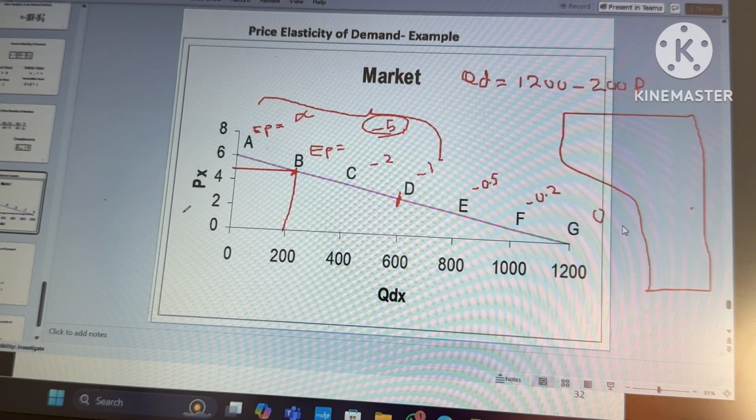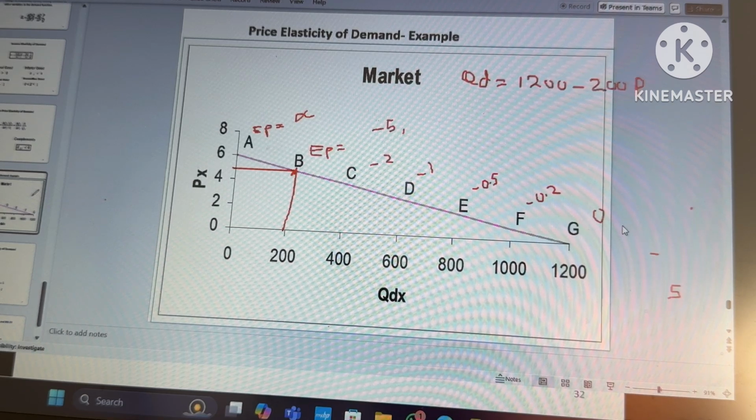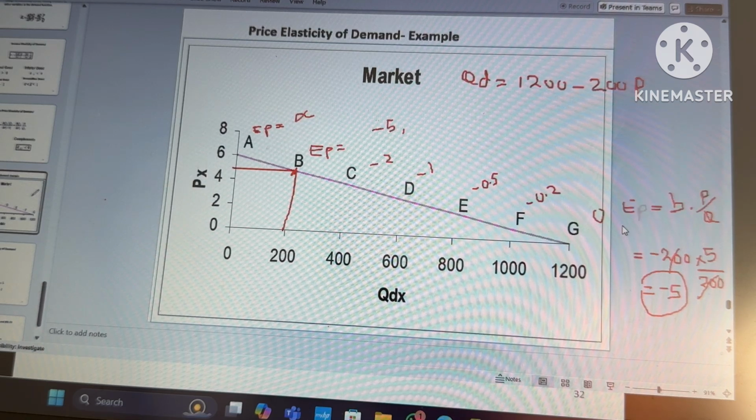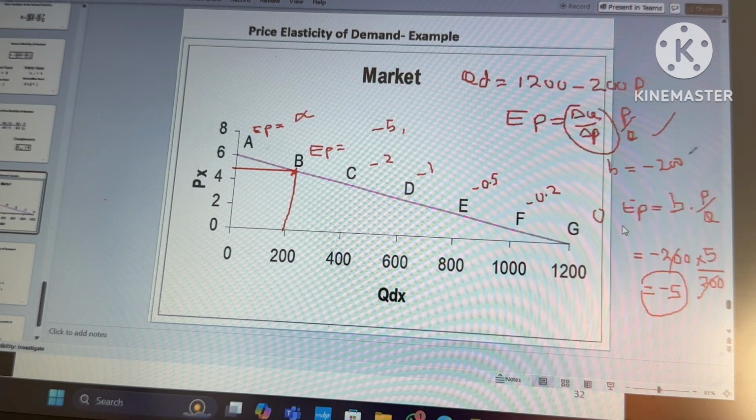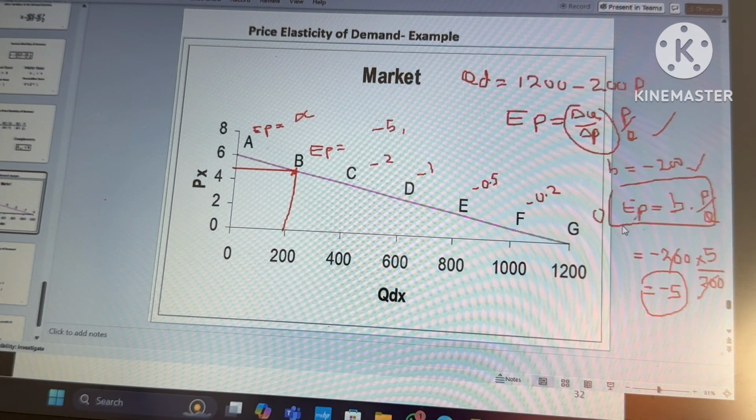Okay, so I explained this one. So this is the answer you write down. This is the answer that I got for point B. The formula is this one, and the value of B is 200, and then you can write the equation in this way as well.